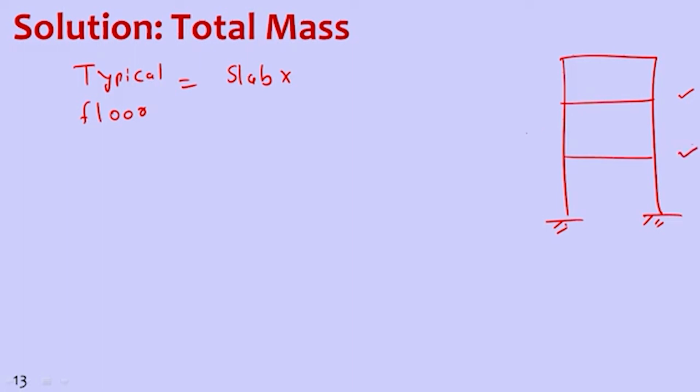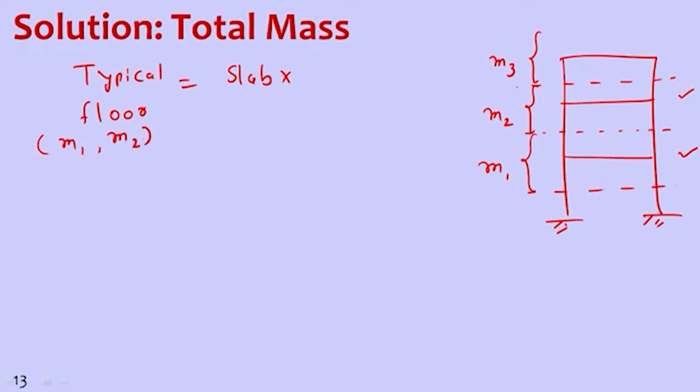Now we have to consider only half. So the portion between this will act as M1, this will act as M2, and above as M3. So here we are talking about M1 and M2.